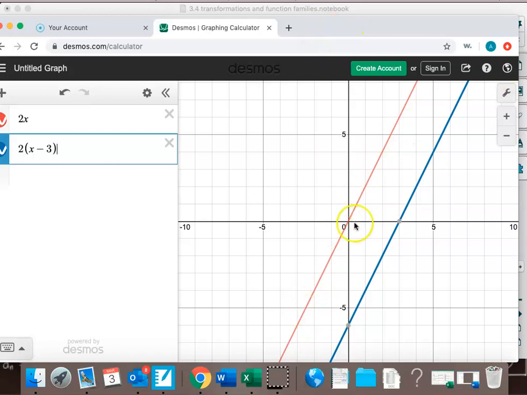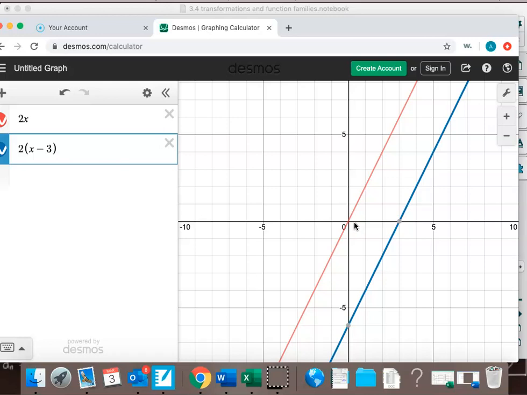The red line is my original line. The blue line is my new line. So even though we're subtracting from the x, we're actually moving our line to the right. It's kind of weird. When you do a left or right shift, it does the opposite of what you think. The sign is always opposite. Left is plus, right is minus.